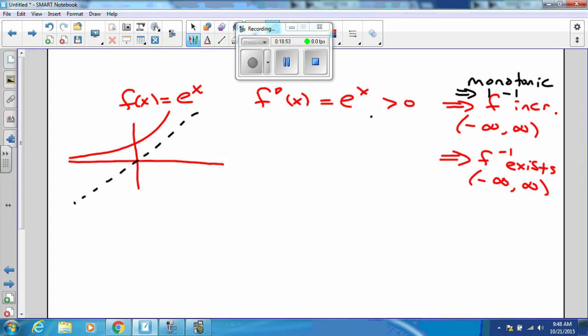Yeah. And hopefully your sketch looks something like this. Let's identify the features of this inverse by looking at the features of the original graph here.